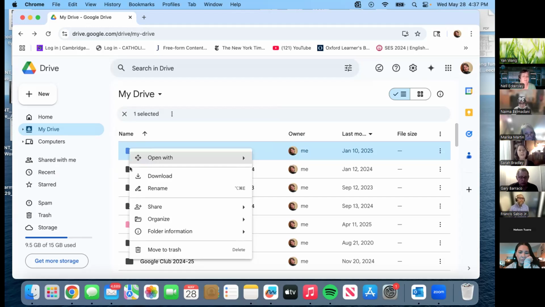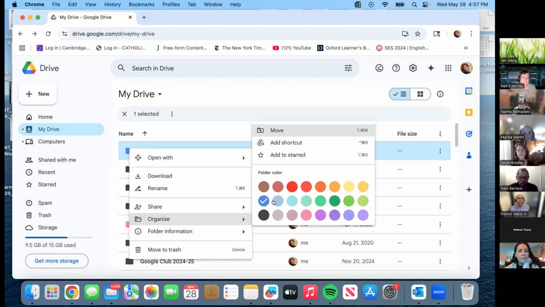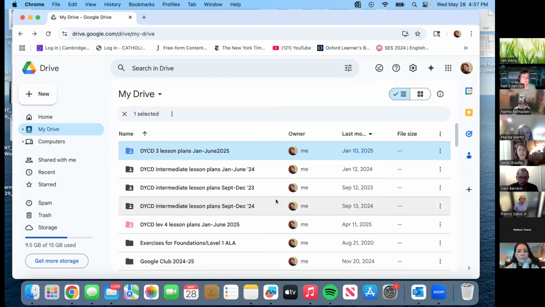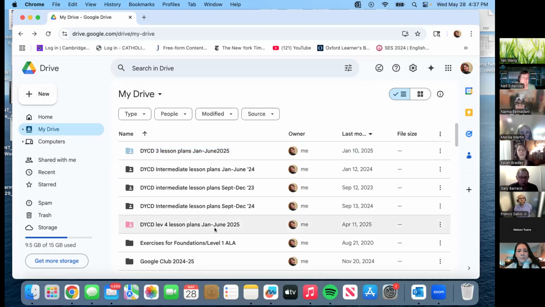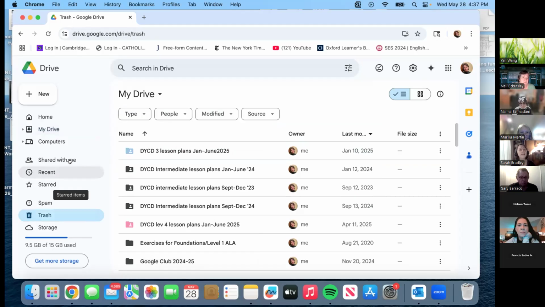Okay. So I go to Organize, and I choose a color. I'll change it to this one now. And then I can have my folder in color. And that way, right away, I can find it. Same thing here with this one. This is my level 4 class, January to June 2025. And then for my own class, I learned that's actually shared with me.